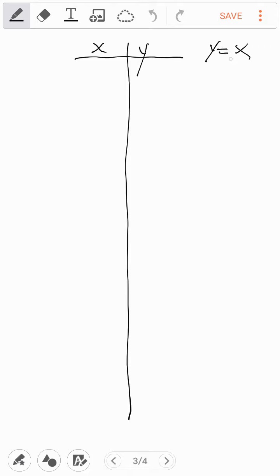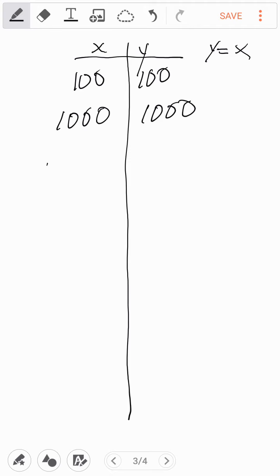As I think of it in terms of a table, so this says y equals x, so first x equals 100, y equals 100. X equals 1,000, y equals 1,000. X equals 10,000, y equals 10,000. So I can see as x is getting bigger and bigger, y is also getting bigger and bigger.